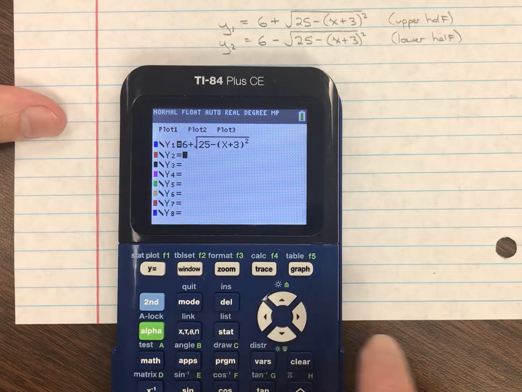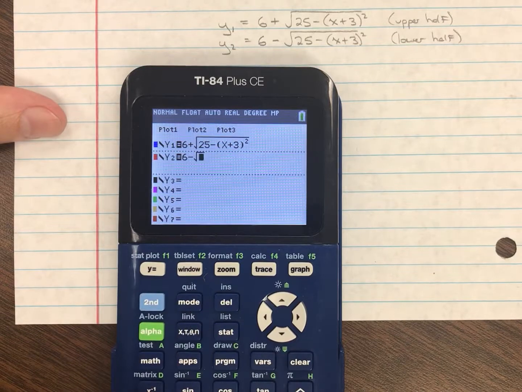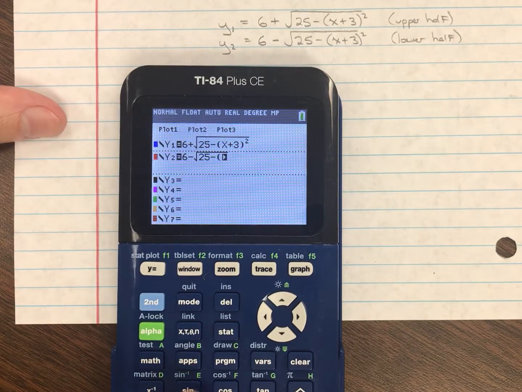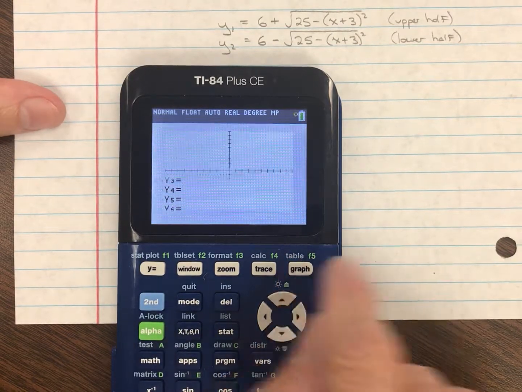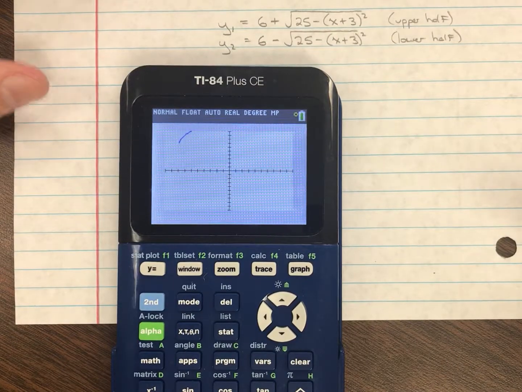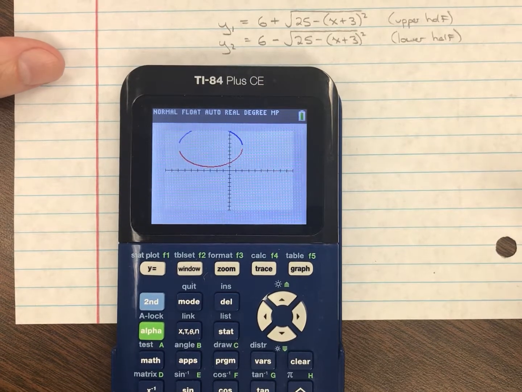Then let's come down and do the lower half, which is 6 minus the square root of 25 minus the quantity (x + 3) squared, and then press graph. You'll note I'm in the standard window, and there's what you get. It looks a bit more like a football.